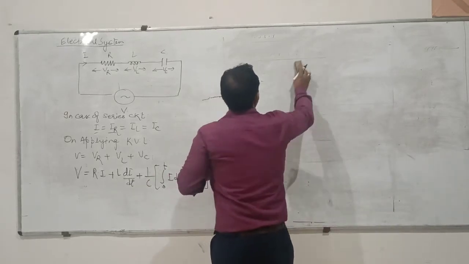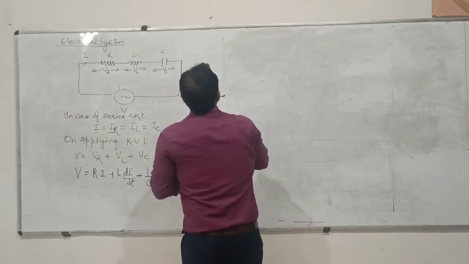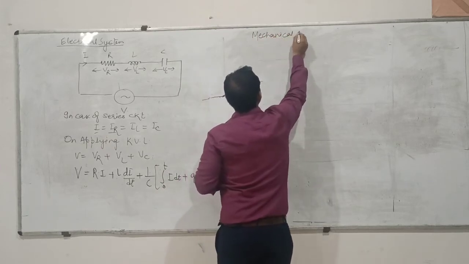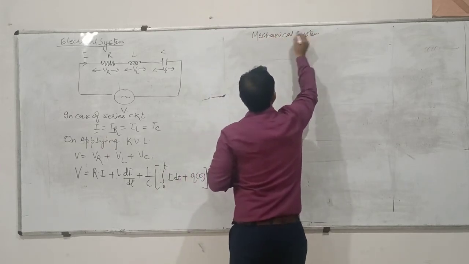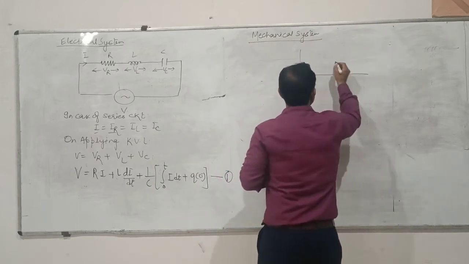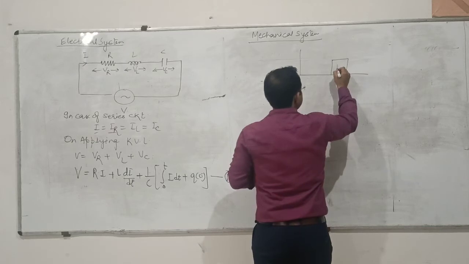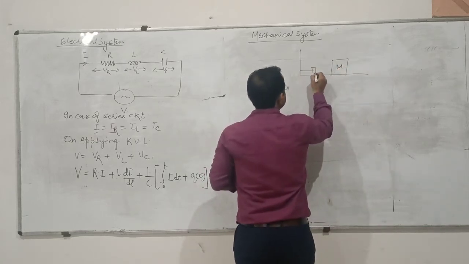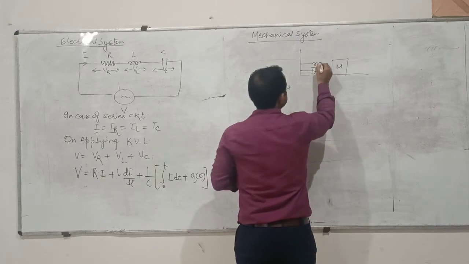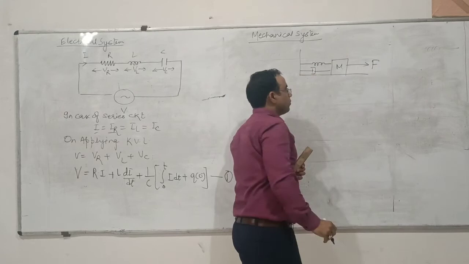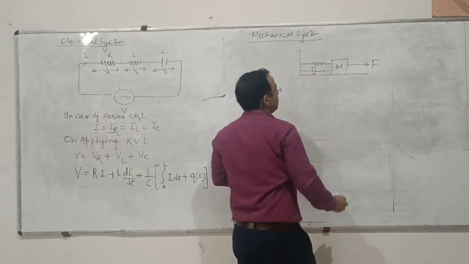So in the mechanical system, we can also take the basic example, that is a single mass which is connected by a damper and a spring, and here we have applied an external force F on it.